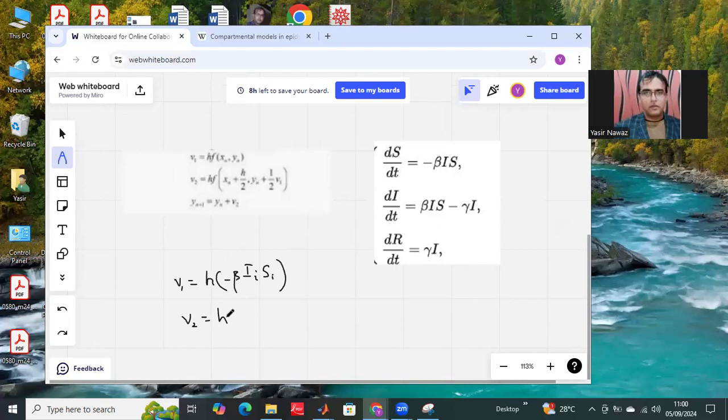For V2, I write H times the right hand side of the second equation, evaluated at the ith grid point.